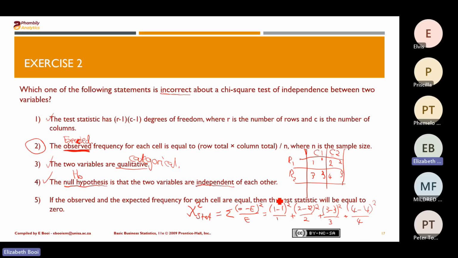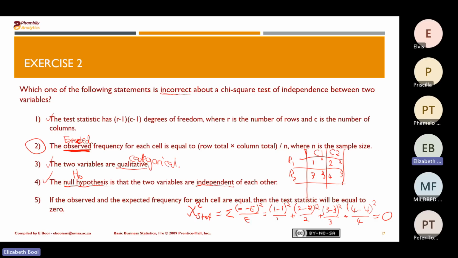1 minus 1 is 0. Any number, regardless whether we are squaring it or doing anything, will be equal to 0. 2 minus 2 will be 0. 3 minus 3 will be 0. 4 minus 4 will be 0. So therefore, the answer here will be equal to 0. And that's what the statement is saying.